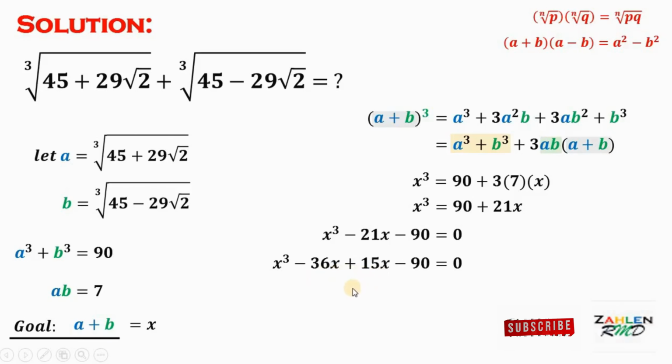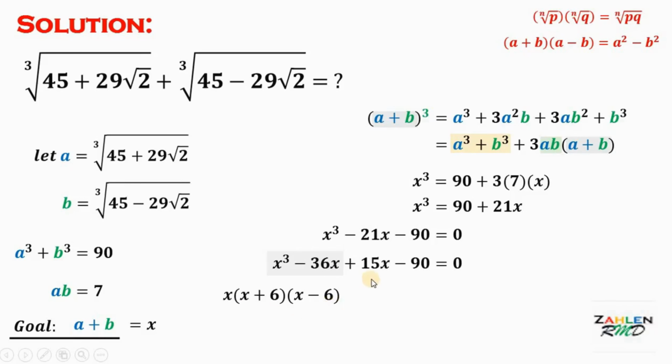The reason is if we do that, we can factor X cubed minus 36X in this way. If we factor out X, it is equal to X squared minus 36. And X squared minus 36 can be factored as X plus 6 multiplied by X minus 6. Therefore, X cubed minus 36X is equal to X multiplied by X plus 6 multiplied by X minus 6.